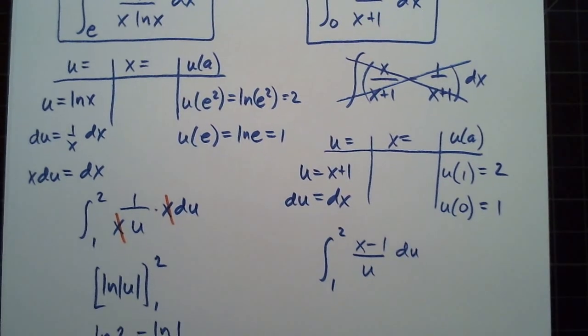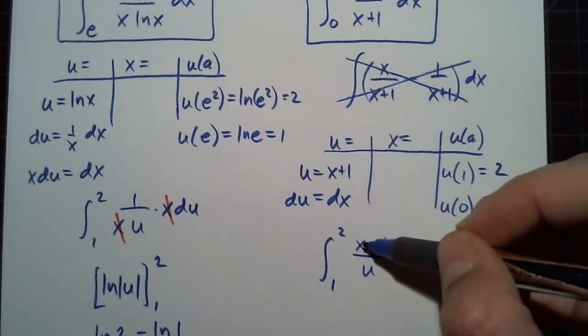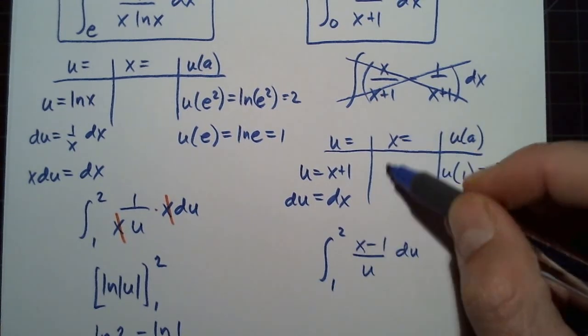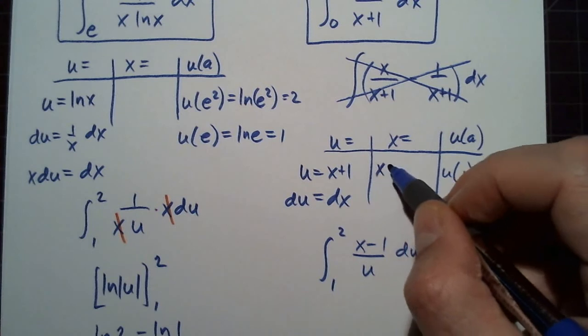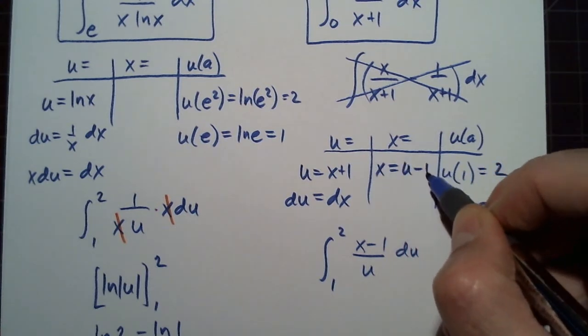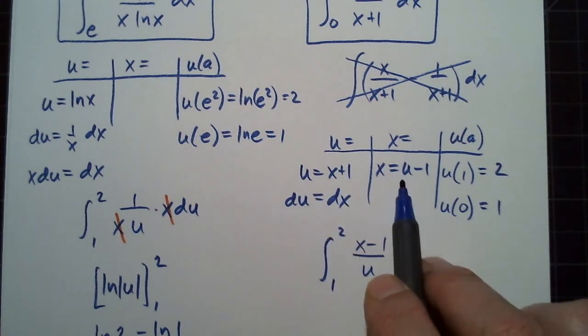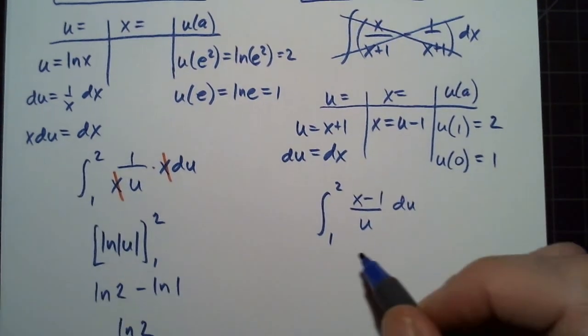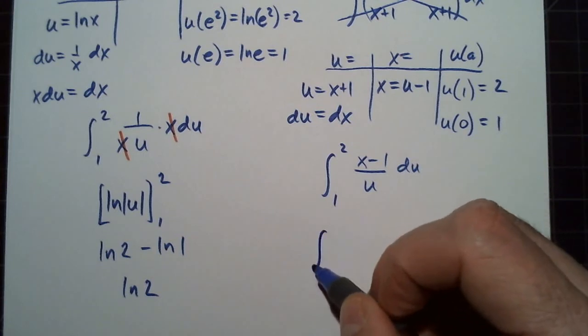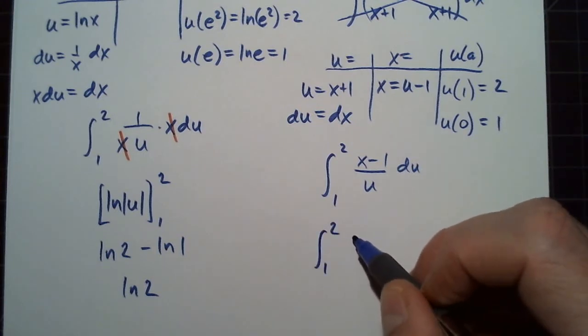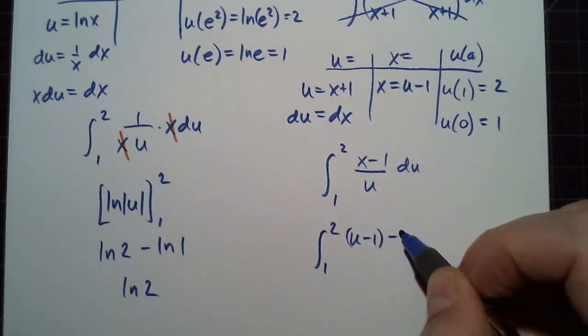But with this strategy, we have an x that didn't cancel. So that's why we have this, so that we don't forget that this is an option where we just isolate x, subtract 1, and now we can substitute for x. X is u minus 1, minus 1.